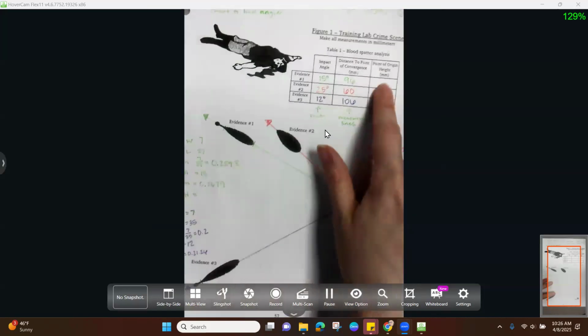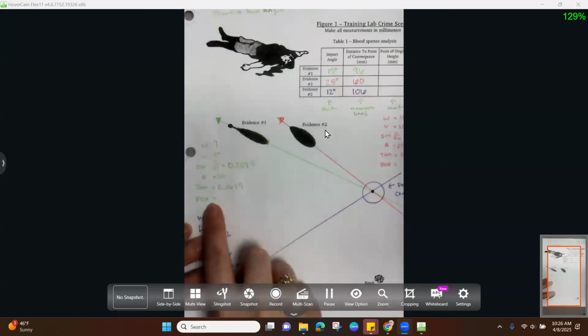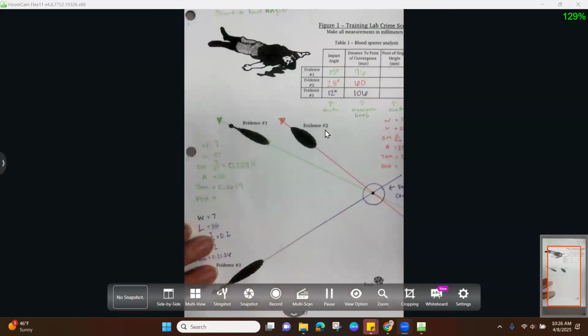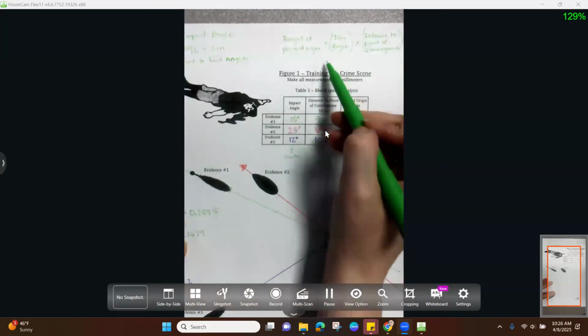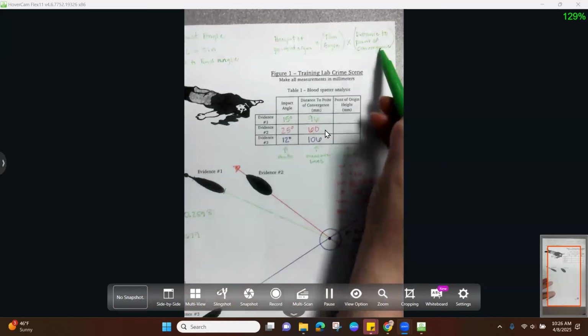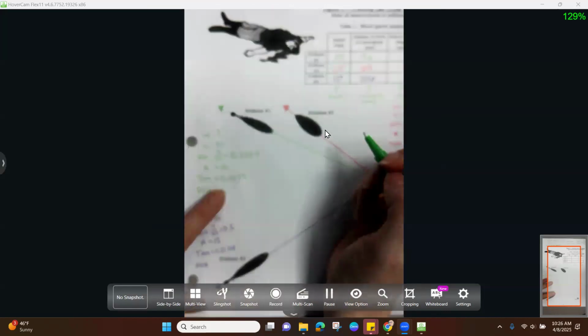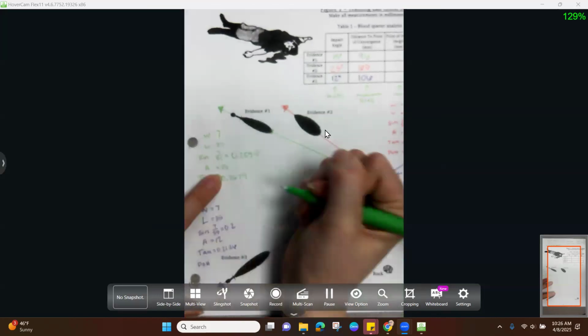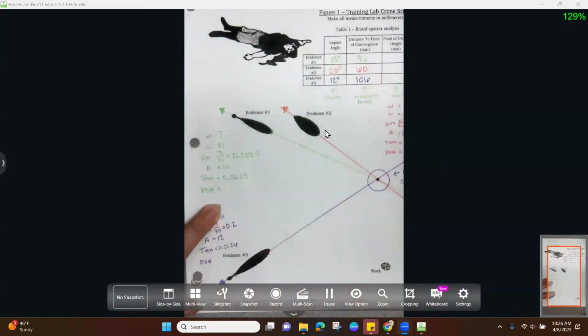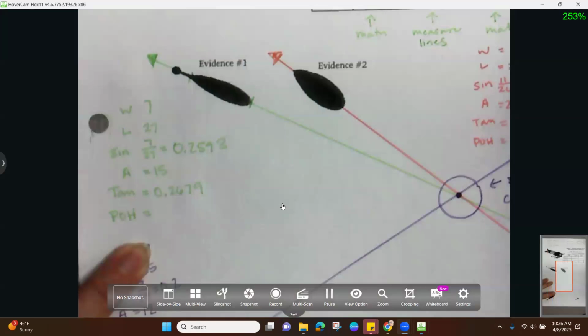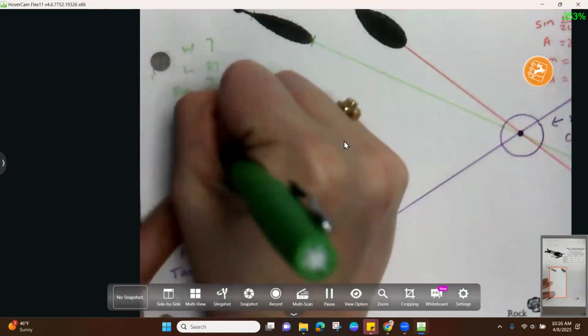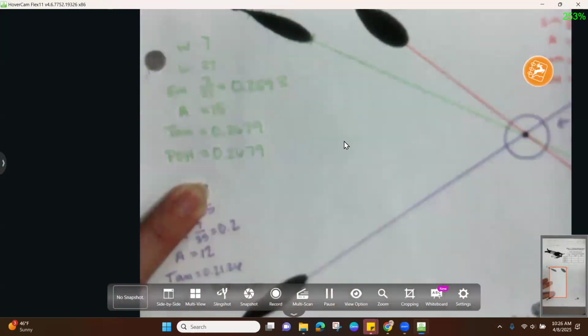Now we have to do some more math, and that's what this POH is holding our place for. So we're going to take the tangent of our angle times the distance to our point of convergence to get the height of our point of origin. So our tangent we found on our sheet. Let's zoom in. So we have 0.2679.